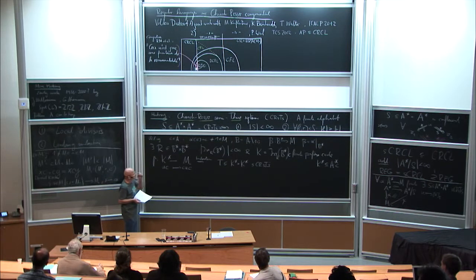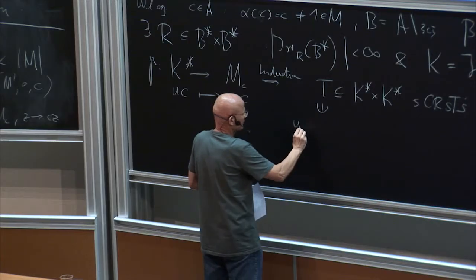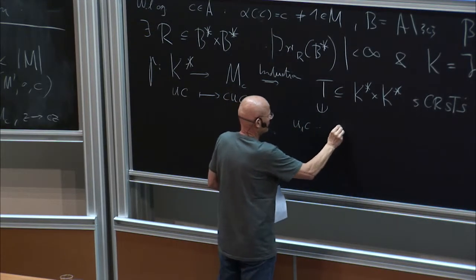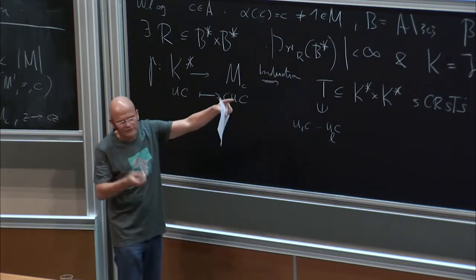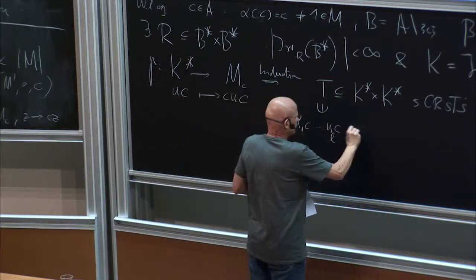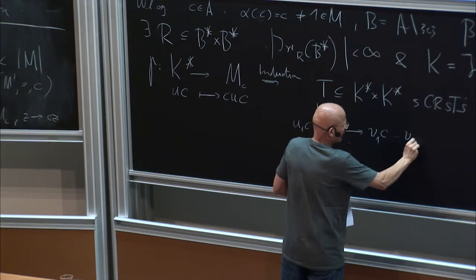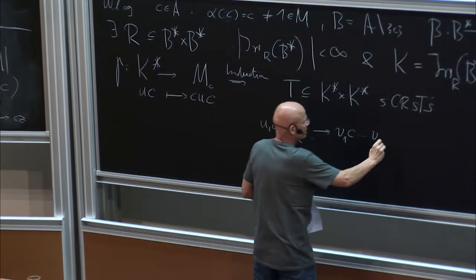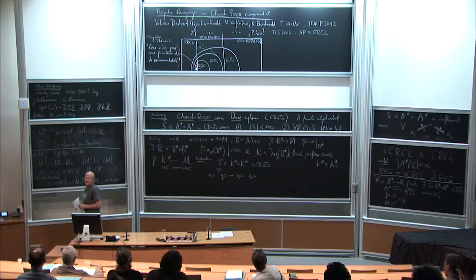How do rules look like? So if you have an element in here, how does it look like? It looks like something like this. We have some UL, so the L refers somehow to the length of the left-hand side. And the right-hand side goes to some V1, C, VR, you see the L and the R here, of C. And this has all the good properties.